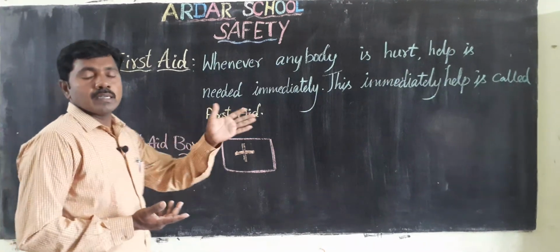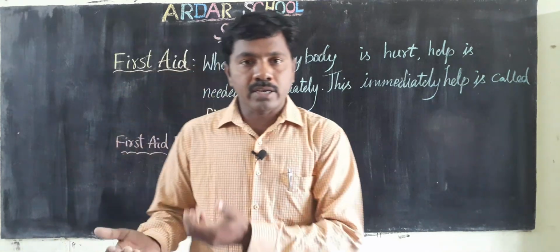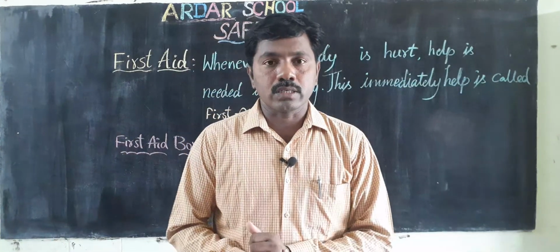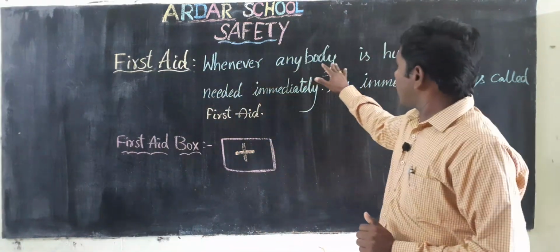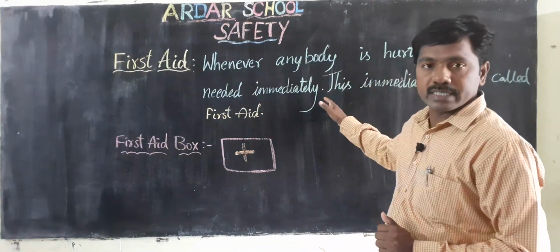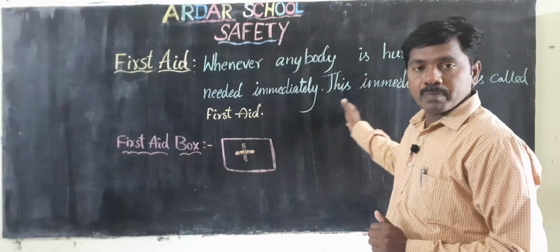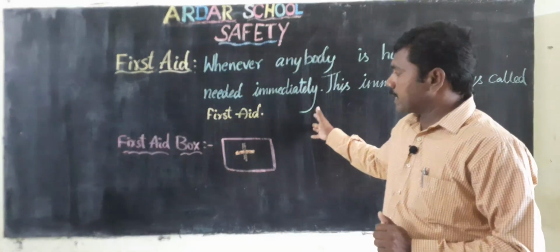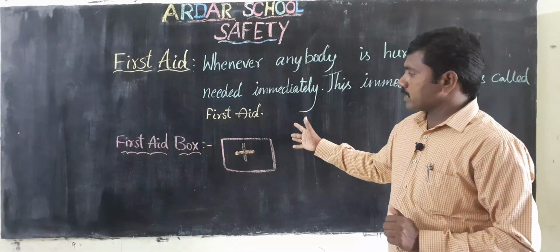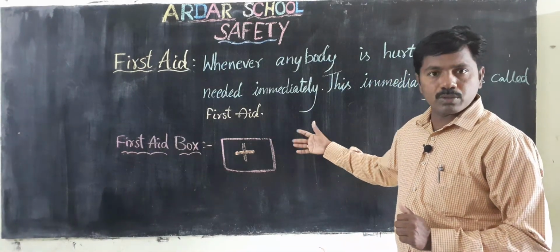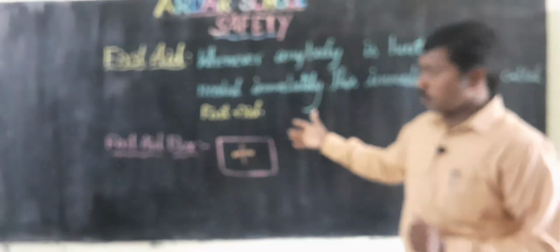After that we send the person to, or take him to, the doctor. So first aid means whenever anybody is hurt, help is needed immediately. This help is called first aid. With the help of the first aid box we can do some first aid.